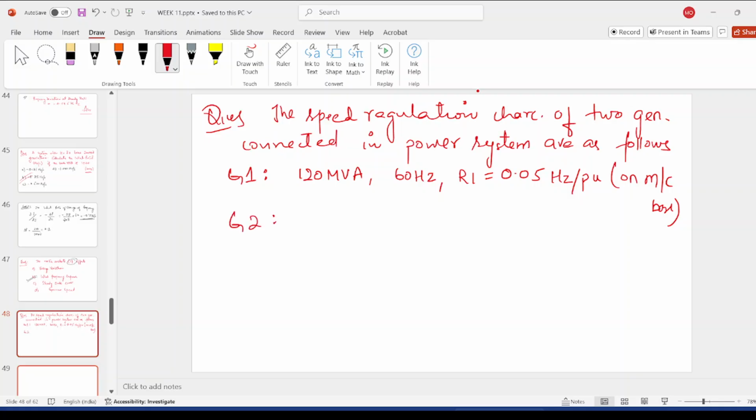And G2: 100 MVA, 60 Hz, R2 is equal to 0.08 Hz per megawatt.